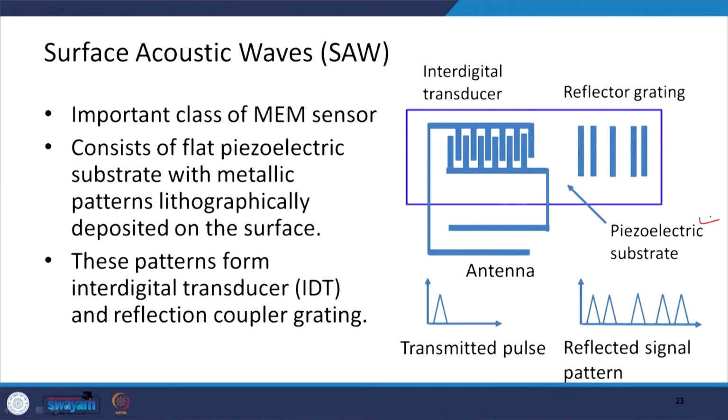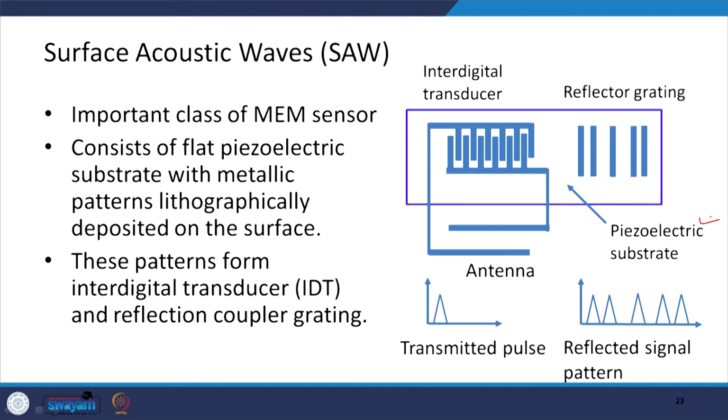Now, let us look at the SAW, that is, the surface acoustic wave. These are an important class of MEMS sensors, and they consist of a flat piezoelectric substrate with metallic pattern lithographically deposited on the surface.